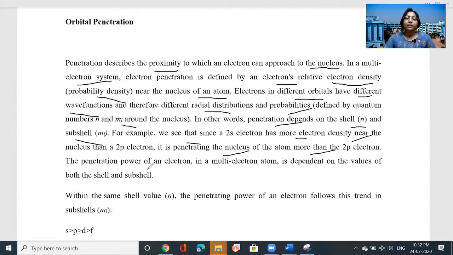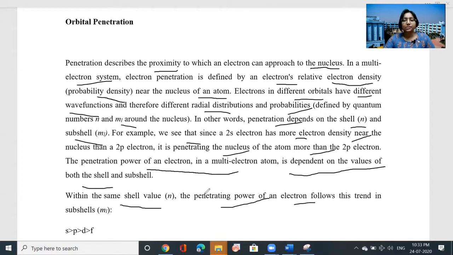The penetration power of an electron in a multi-electron atom depends on the values of both the shell and subshell. Within the same shell value n, the penetrating power of an electron follows a trend in the subshells.